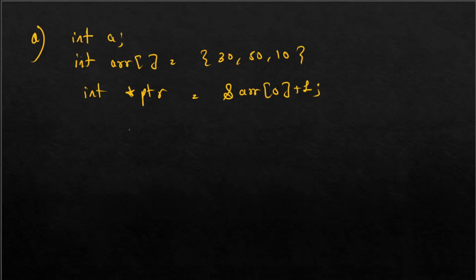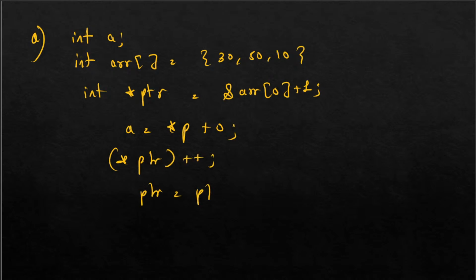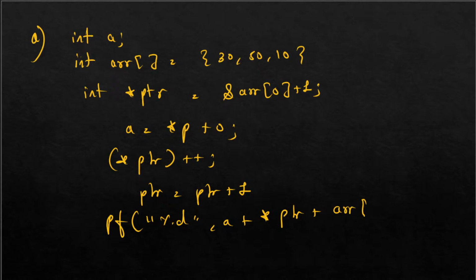Okay. a equals to *PTR plus 0, and after that PTR plus plus, then PTR equals to PTR plus 1, and printf %d a plus *PTR plus ARR of 1.